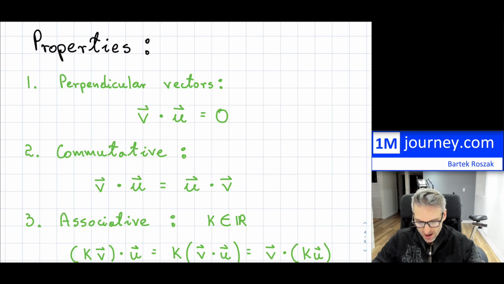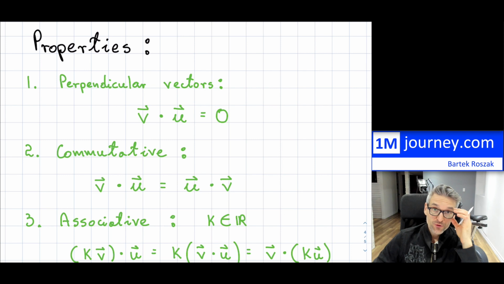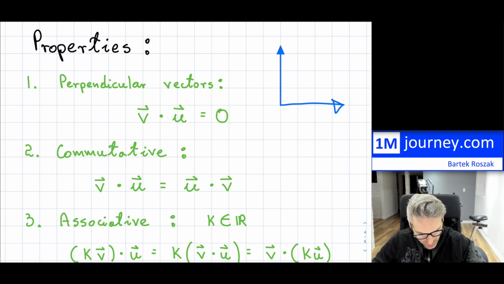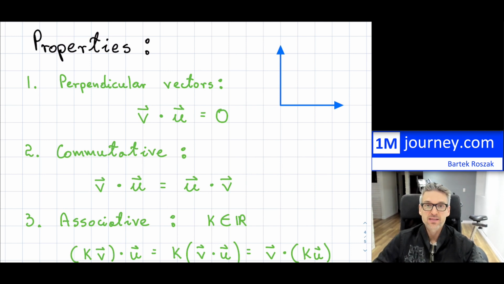Now the first property is with regards to perpendicular vectors. Two vectors are perpendicular if and only if their dot product is equal to 0. This shouldn't shock you in any way. Because if you have one vector and the other one perpendicular, perpendicular means there's a 90-degree angle in between them.